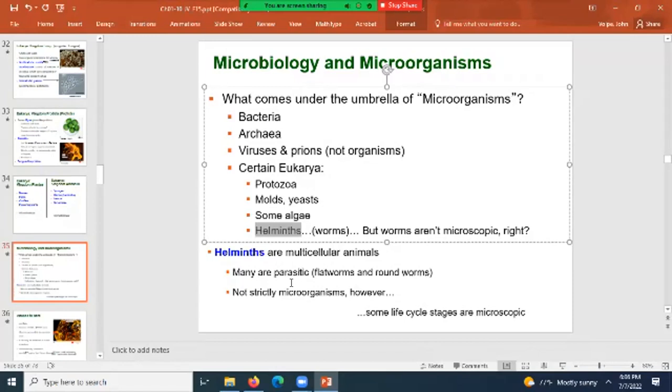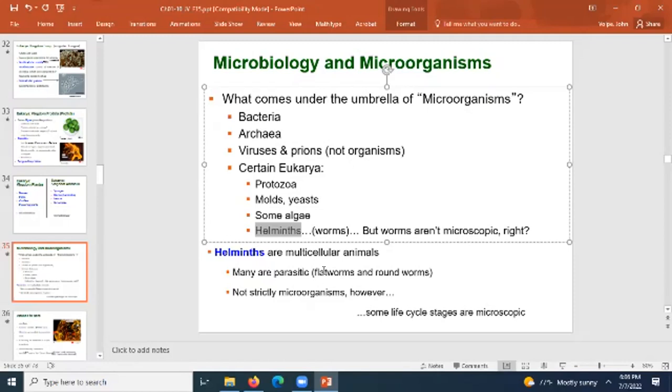In fact, there's one phylum of the worms, the annelids, in which none of the members are parasites. An annelid that you know is the earthworm, the worms that crawl in the soil. That's an annelid. It doesn't cause human disease.